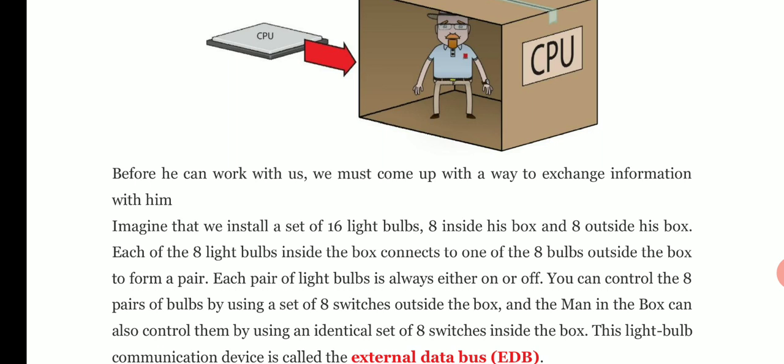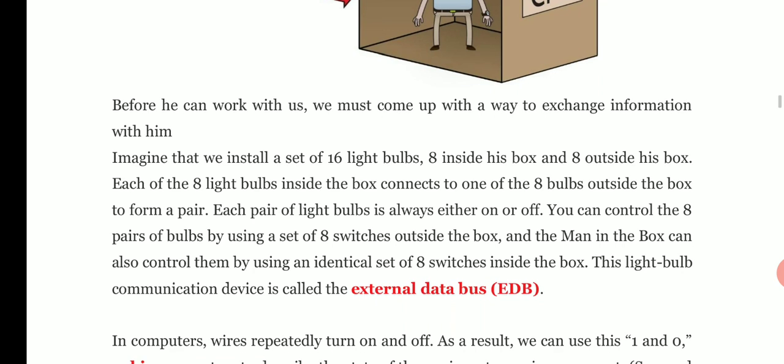Imagine we have installed a set of 16 light bulbs, 8 inside his box and 8 outside the box. Each of the 8 light bulbs inside the box connects to one of the 8 bulbs outside the box to form a pair. Each pair of light bulbs is always either on or off.